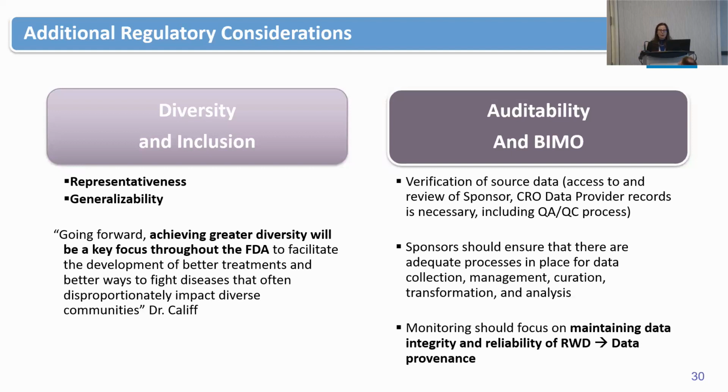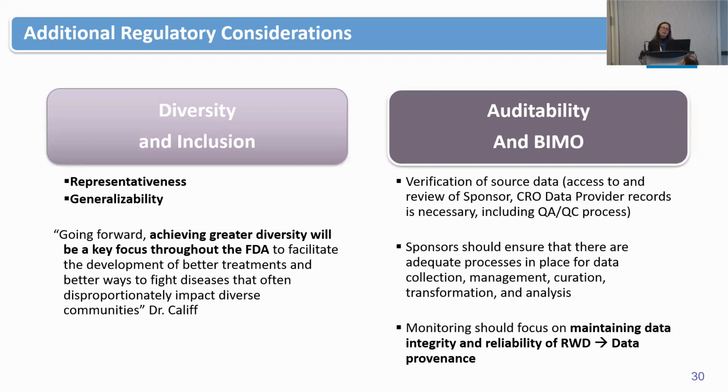The other aspect that I think is actually fairly new in the context of review is auditability. So data must be auditable in either source records or certified copies for review if it's being submitted in a regulatory context. And this all falls on the sponsor to be responsible for adequate processes in place.